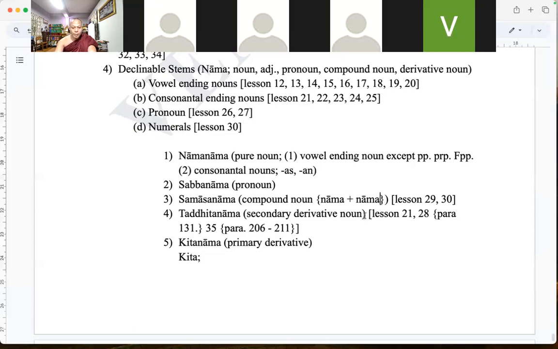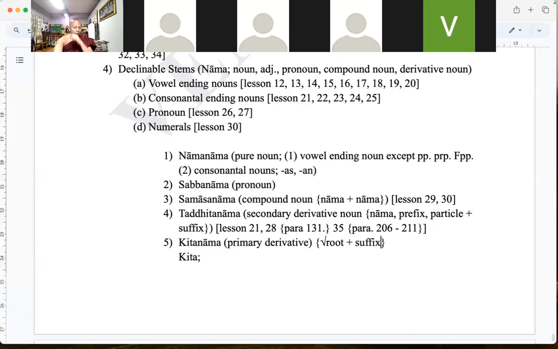And the secondary derivative is mostly Nama, but rarely some prefix and particle plus suffix, that is their formation. But Kita Nama is actually root plus suffix in this way. That is how they have different characteristics.